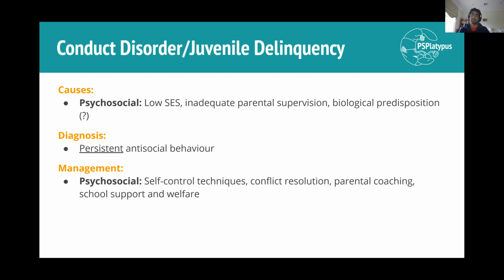It's normal for children to have some level of acting out. That's not what we're talking about here. This is specifically antisocial behavior, happening over a long period of time and to an extreme degree. Because we don't really have a biological cause, we don't really have a pharmacological management for this one, and so it focuses more on psychosocial intervention.